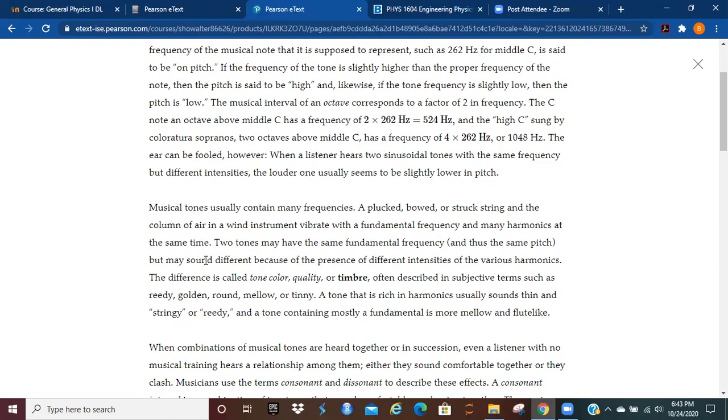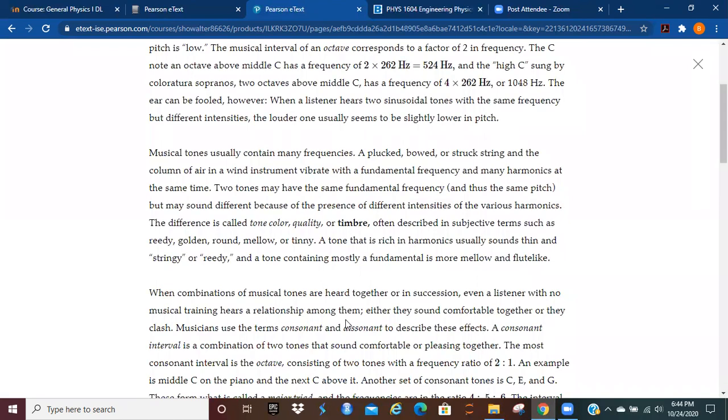So depending on the presence of different intensities or various harmonics, we can say that certain musical tones sound pleasant or not pleasant. That difference is going to be called the timbre, which is often described in subjective terms.